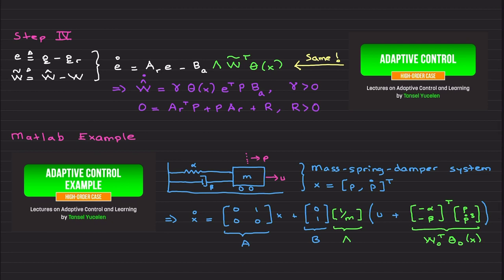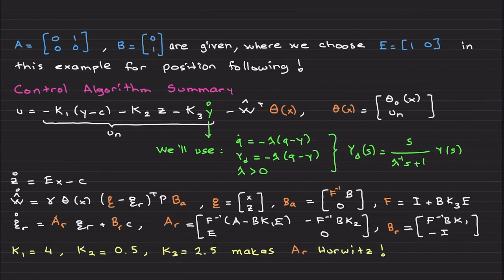To understand how we come up with this state space representation, I encourage you to watch this video and this video, and you will get a deeper understanding of this example. But I will pretend like you already watched these two videos, so I am going to jump start with this Matlab example.